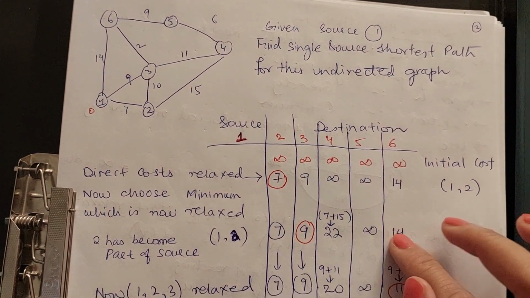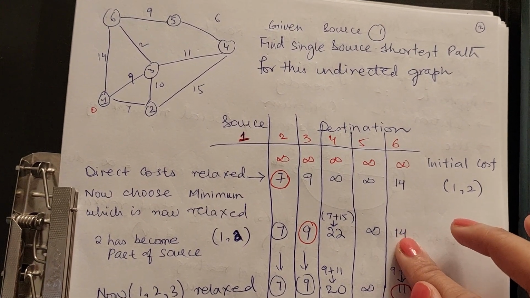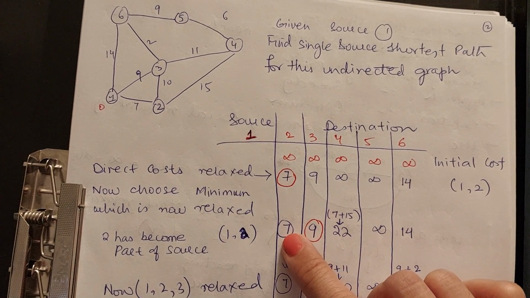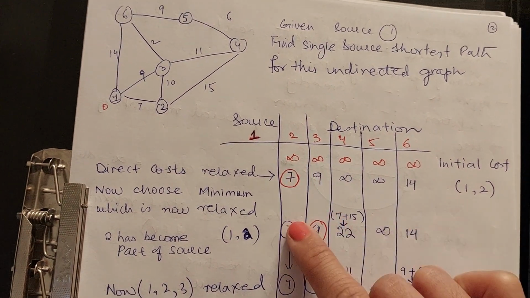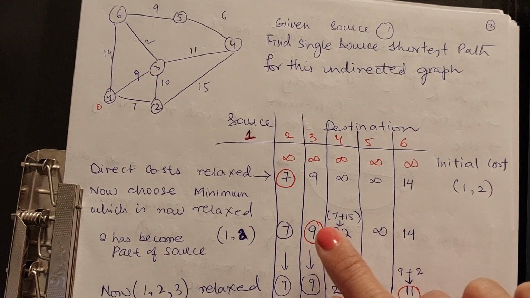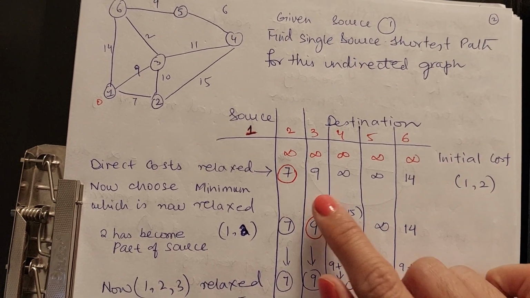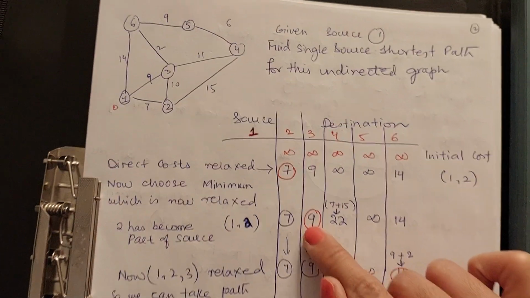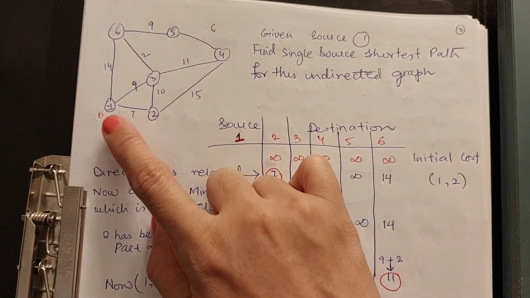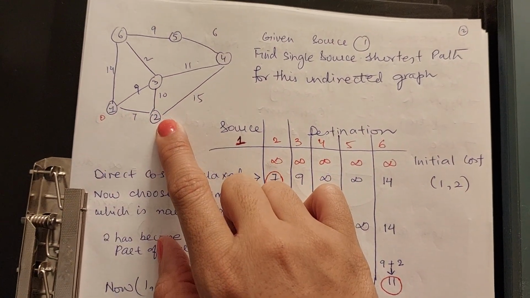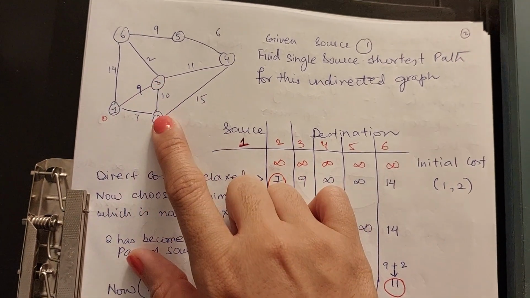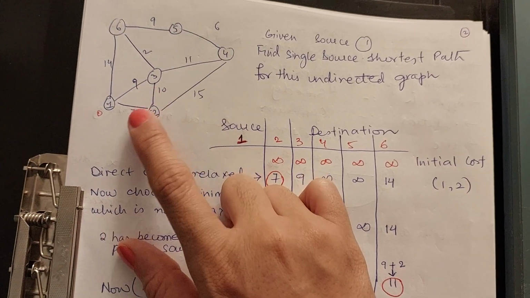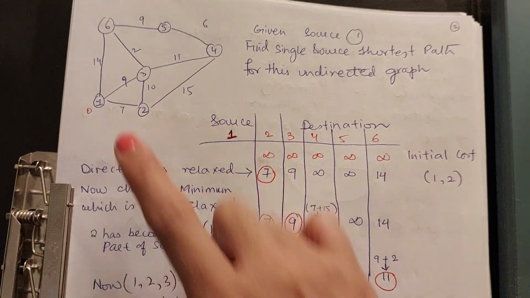Out of these relaxed costs, which one is minimum? Of course this one is minimum. This was already minimized in the previous step, so in this step this one is minimum. So I'm going to bubble it up, and on the basis of this 9 I can say that basically my nodes 1, 2 and 3, these three nodes have been relaxed because it also had the minimum cost in this step and it had the minimum cost in the previous step.